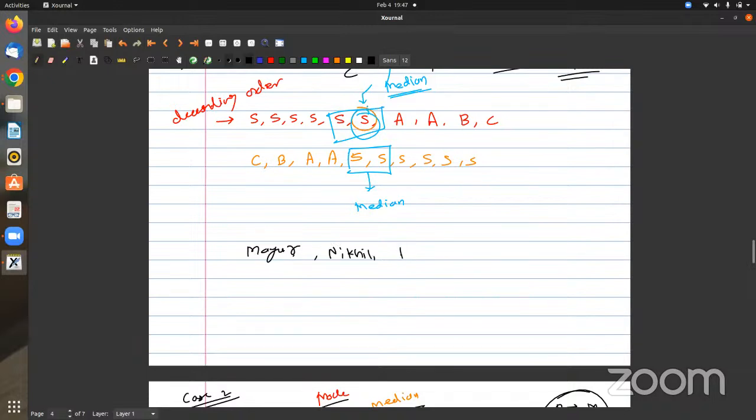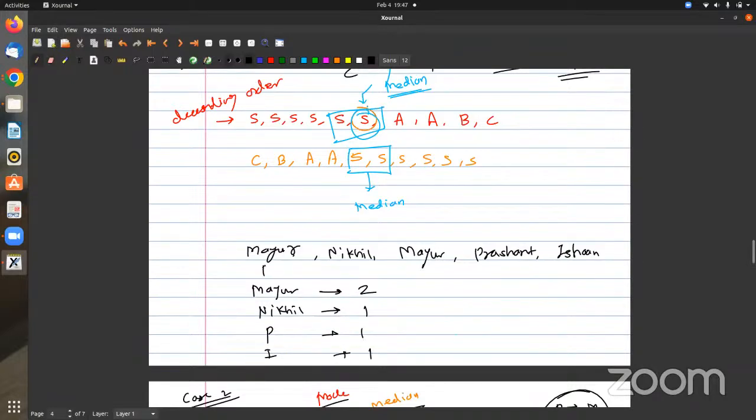Then Prashant and Ishan. So 1, 2, 3, 4, 5 people. How many Mayur are there in the class? 2. How many Nikhil? 1. Prashant and Ishan are 1 and 1, right?